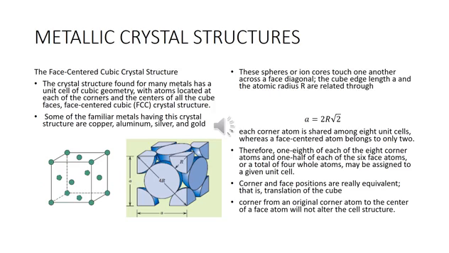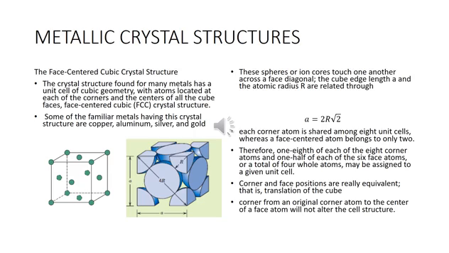The first unit cell that we're going to look at is called the face centered cubic crystal structure. The unit cell has atoms in each corner of the cube, and it has an atom in the middle of each face. Some of the materials that have such structures include copper, aluminium, silver, and gold.